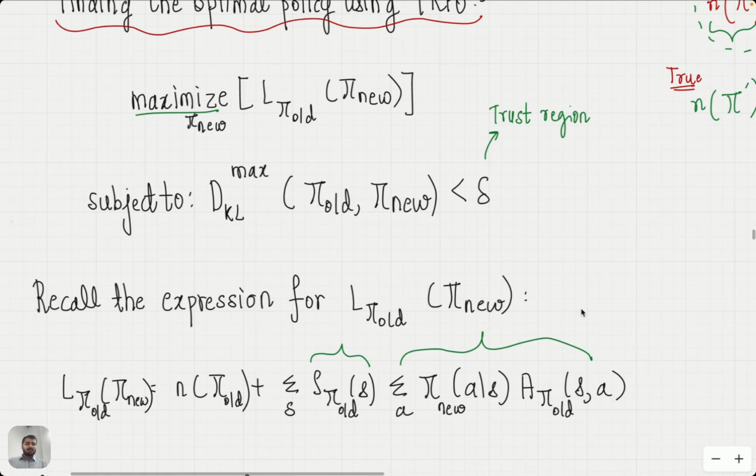And if the advantages are positive for all the states, it means that the performance of my new policy is indeed better than the performance of my old policy. So, this is quite similar to the policy iteration step that we did in dynamic programming. The only difference is that at that time we had not introduced the terminology of advantage functions.